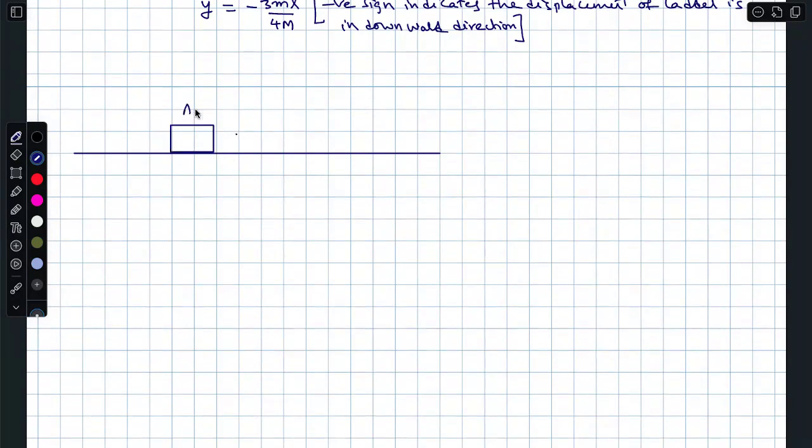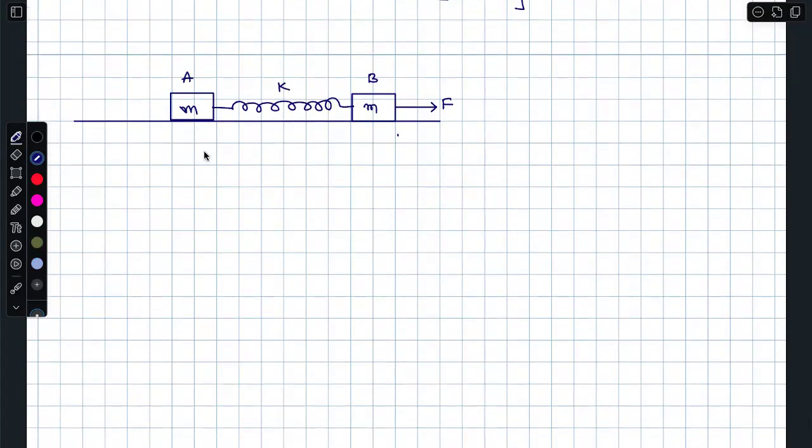This is a block A having mass M. This is block B having mass M, and this is experiencing a force F. They are connected by a spring K. Initially, both the blocks are at rest.